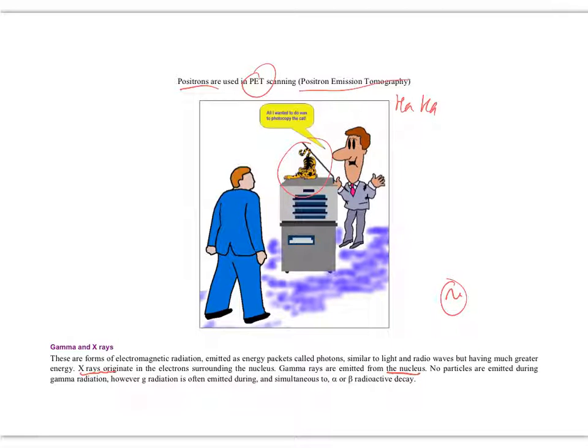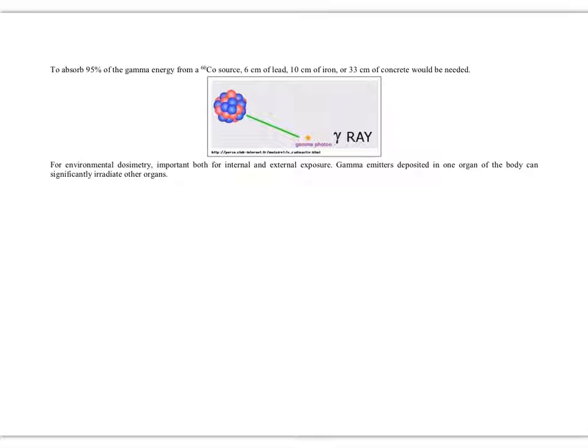Okay, so it's often emitted as part of, or simultaneous to, alpha and beta decay. So we've got our gamma rays, and the X-rays are produced by electrons. Gamma rays have a lot of energy. A source of gamma rays is cobalt. Cobalt on the periodic table is 27, and the radioactive isotope is 60.